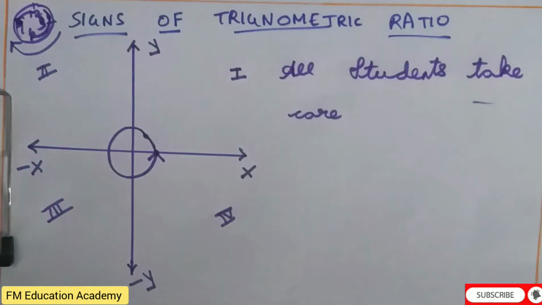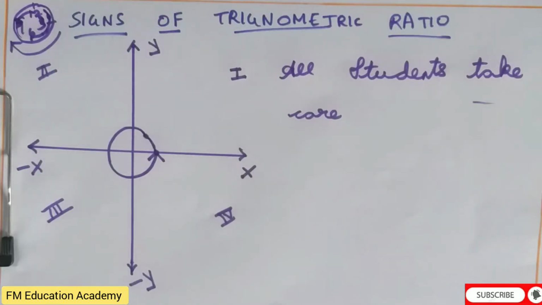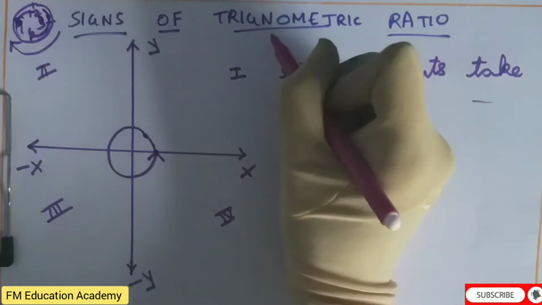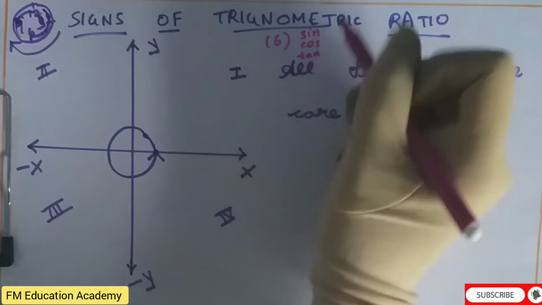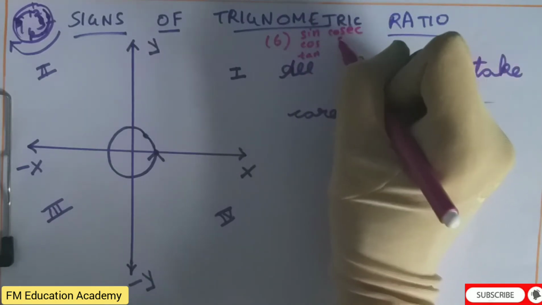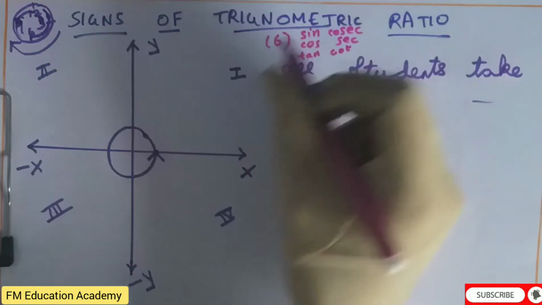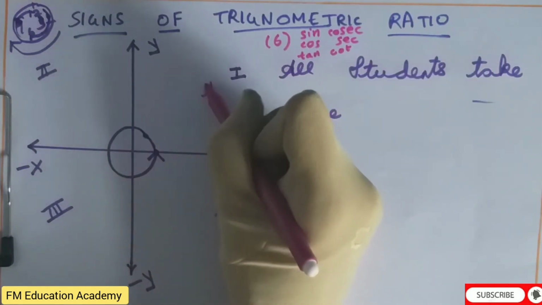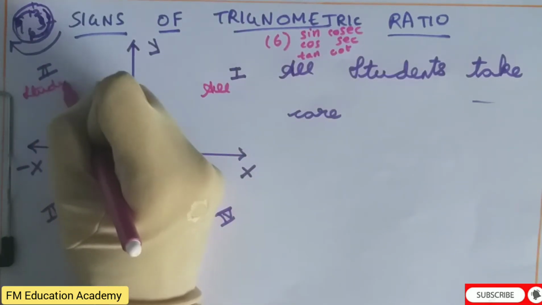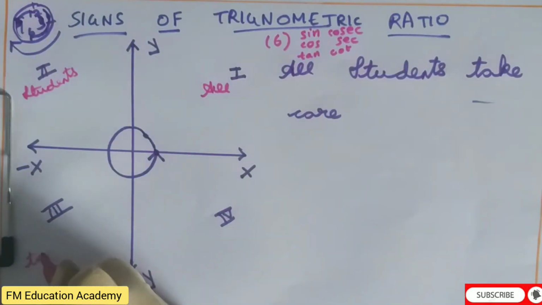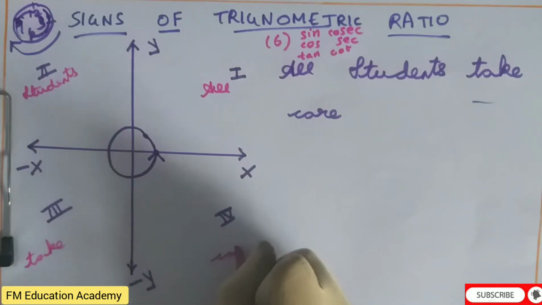Now, this "All" will stand for all 6 trigonometric ratios: sine, cos, tan, cosecant, secant, cot. That is, all will be coming in the first quadrant, Students in the second quadrant, Take in the third quadrant, Care in the fourth quadrant.